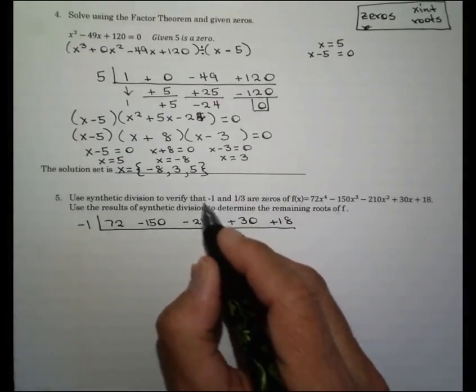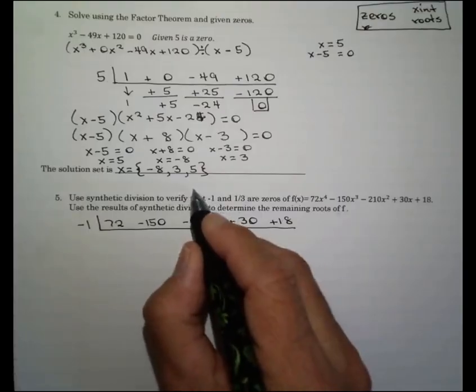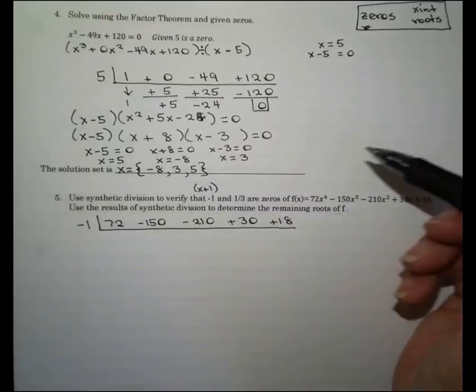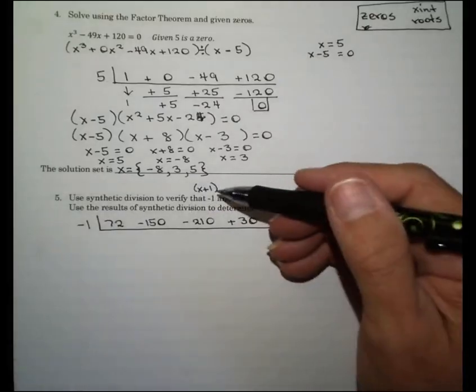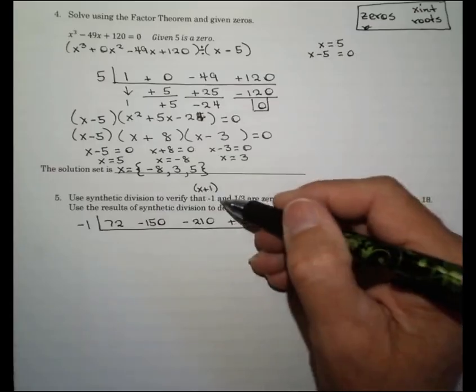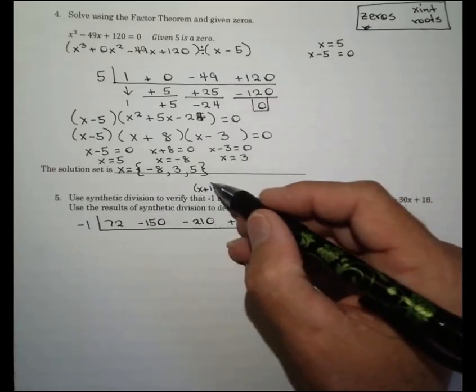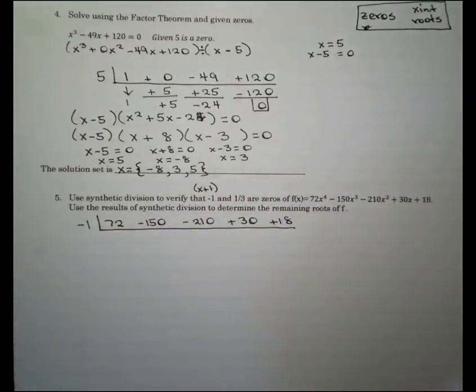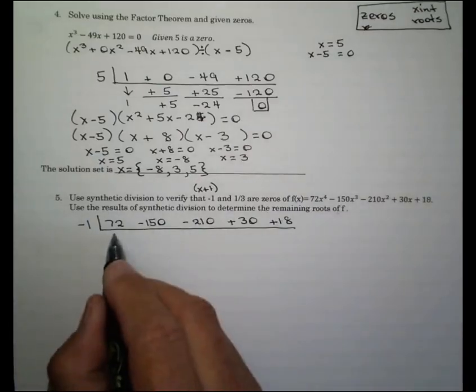Remember, when the zero is x equals negative 1, the factor is x plus 1, because for this to be equal to 0, x would have to be negative 1. When I have this as a factor, of course, I will use the opposite of it to divide into my polynomial. I'm going to bring down the first number.